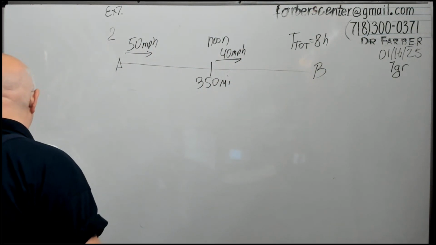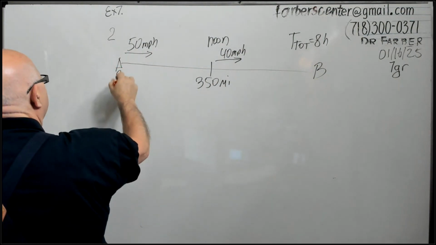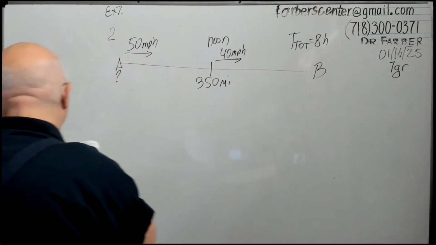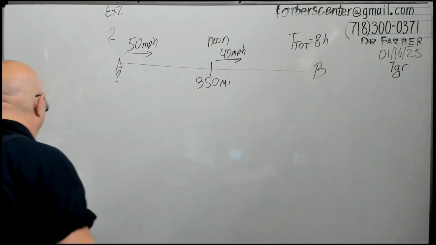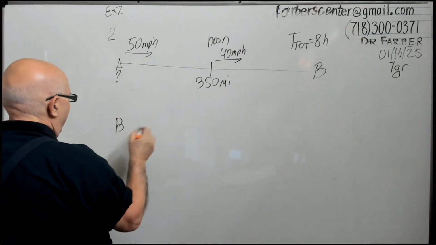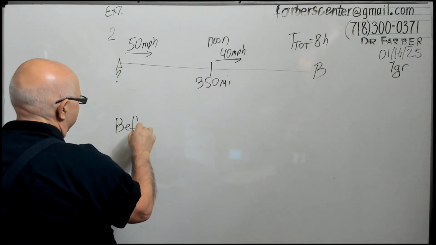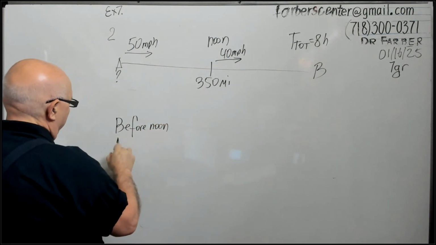Before noon, at what time did he leave? This time we have to find. So, since we have everything, we have 2 objects, before noon and afternoon, and 2 attributes.